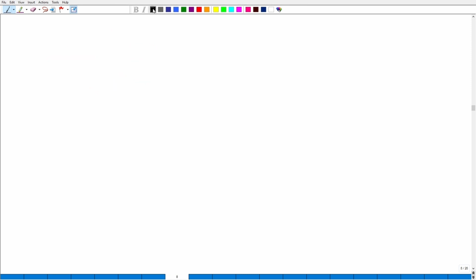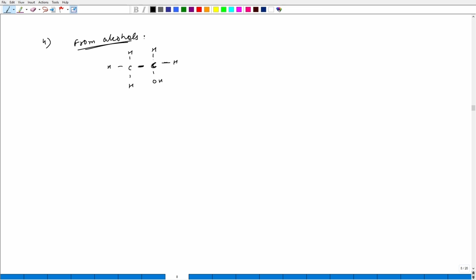Taking up the next procedure. From alcohols. How can we do it from alcohols? Okay, let us see. Okay. This is an OH group.